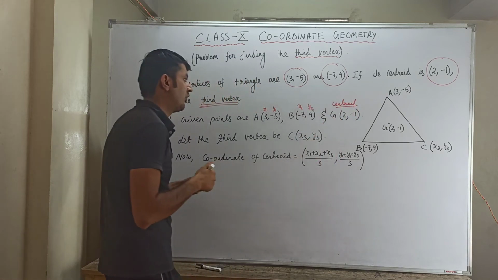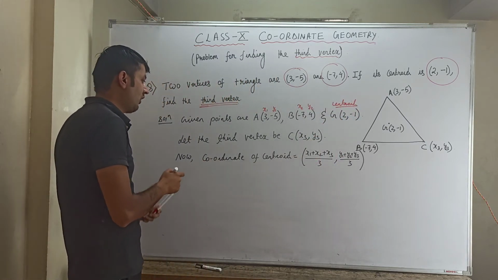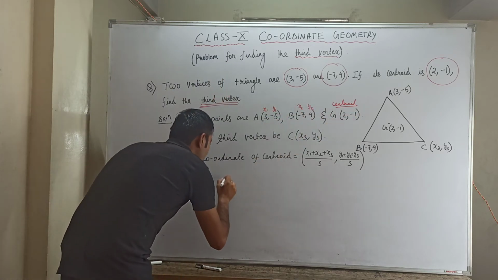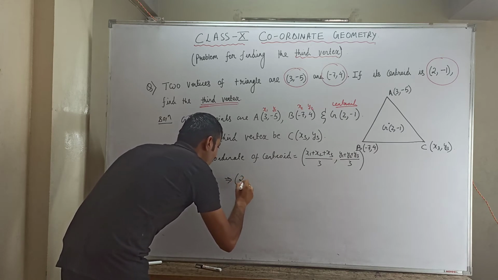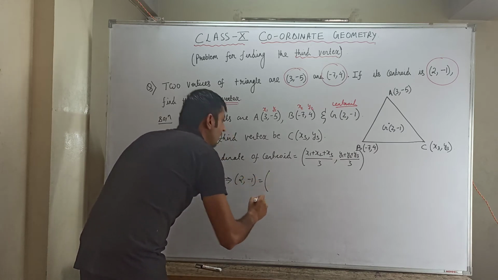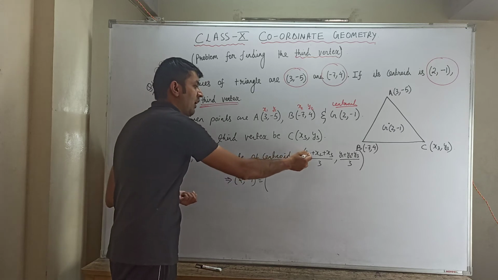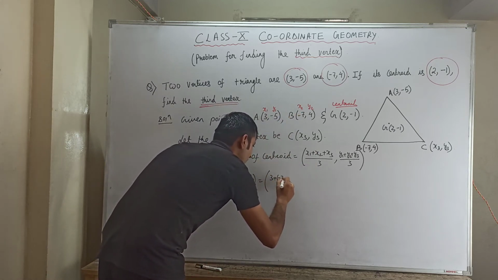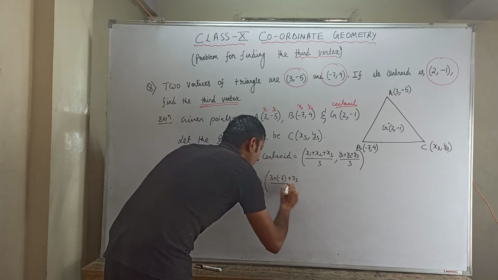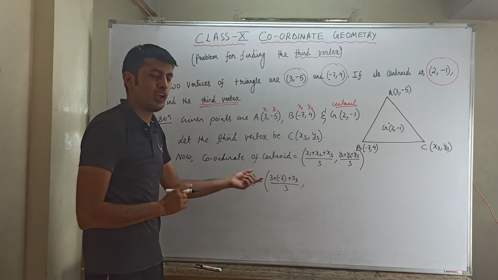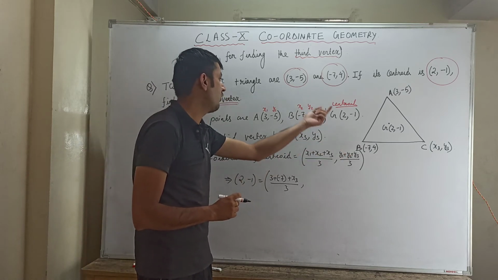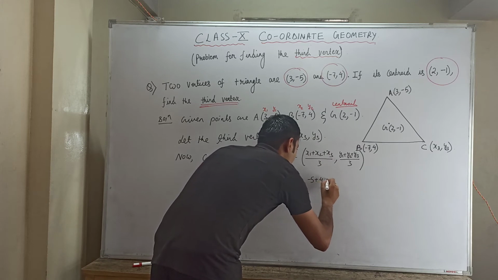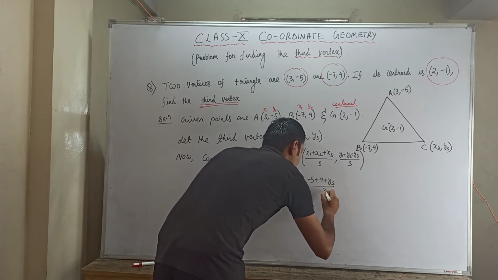I hope this is alright for you. The coordinate of the centroid is already given as (2, -1). Now you put down the values here: x1 plus x2, 3 plus (-7) plus x3, divided by 3, then y1 plus y2 plus y3, -5 plus 4 plus y3, divided by 3.